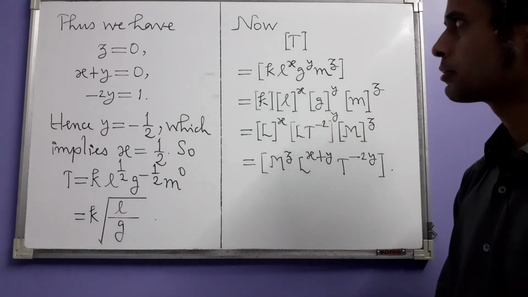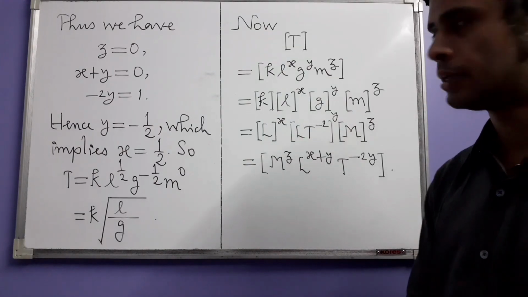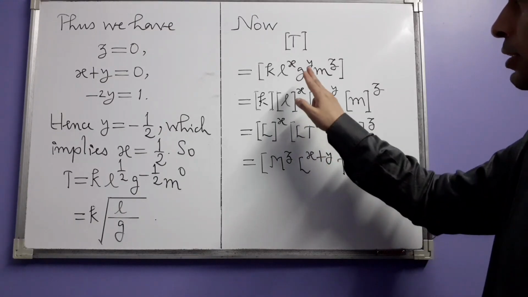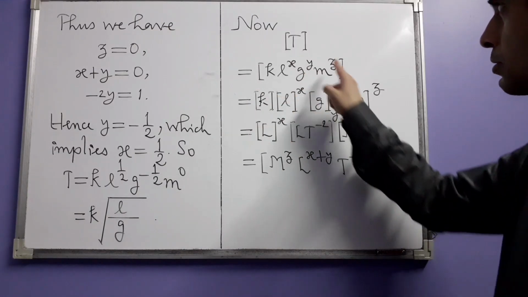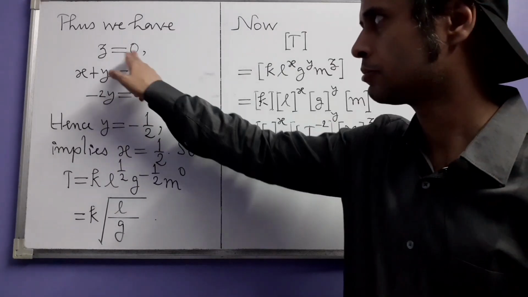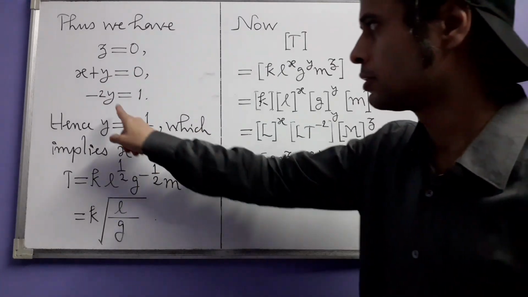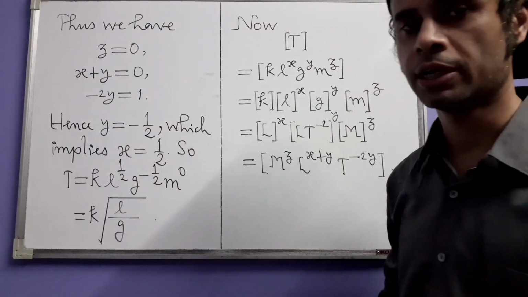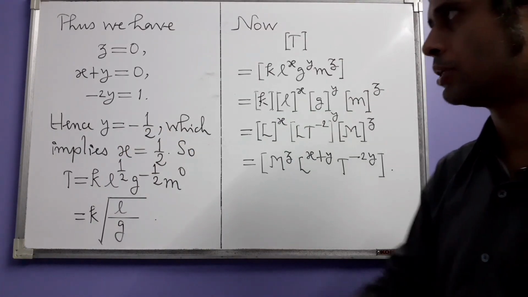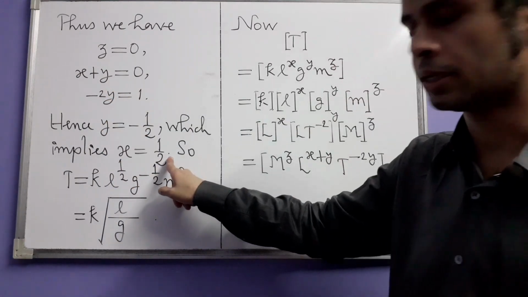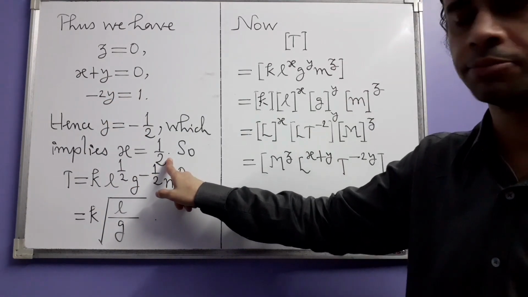So dimensional consistency then gives us z equal to 0, x plus y equal to 0 and minus 2y equal to 1. So already you have the value of z, and from this last equation you get y equal to minus 1 divided by 2. And when you use that value in the second equation, you end up getting x equal to 1 divided by 2.